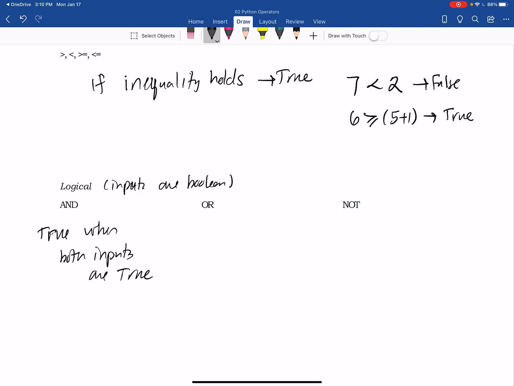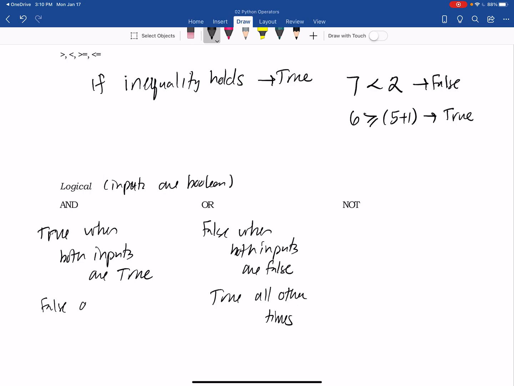If we say true and false, no, false. If we say true and true, true. Or is going to return a false when both inputs are false, and it returns true all the other times. I guess over here we should say false all other times.